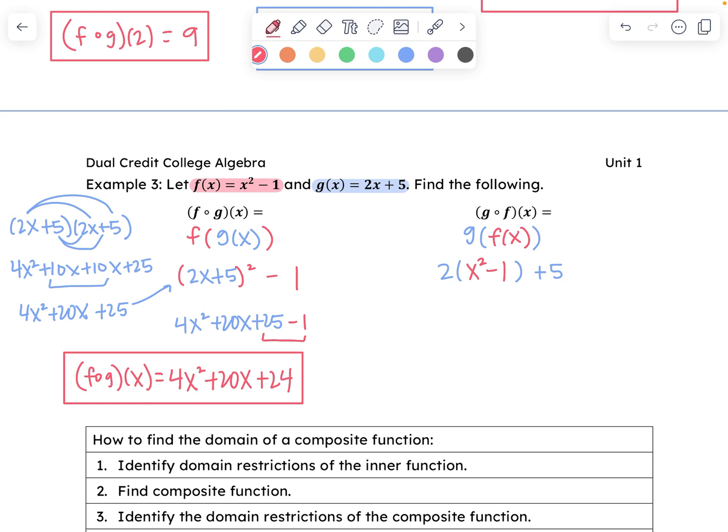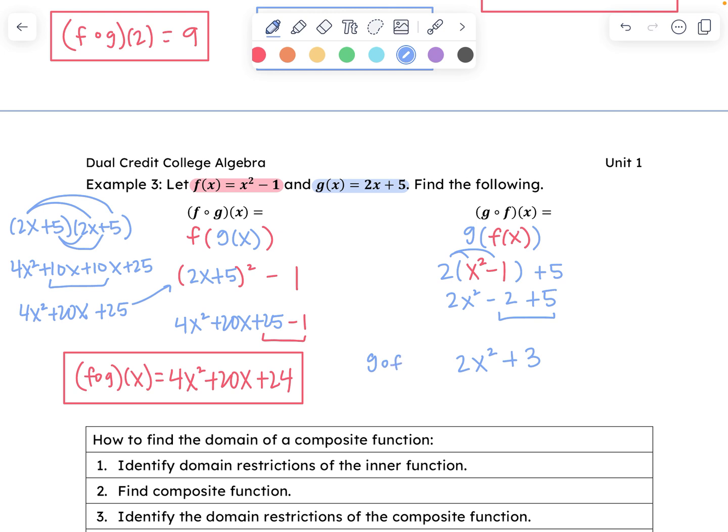So this one's a little bit nicer to clean up. We don't have to worry about squaring stuff. We can just distribute that 2. So we're going to get 2x squared minus 2 plus 5, and then combine my like terms. So I get 2x squared plus 3. So I would say that g of f, let me write that a little bit prettier.